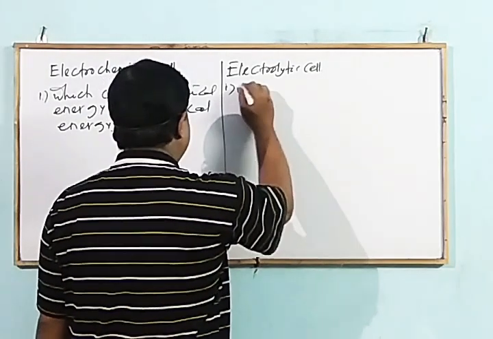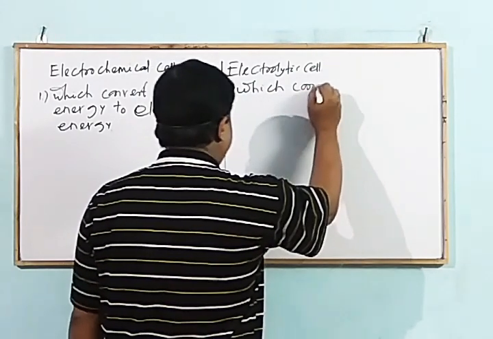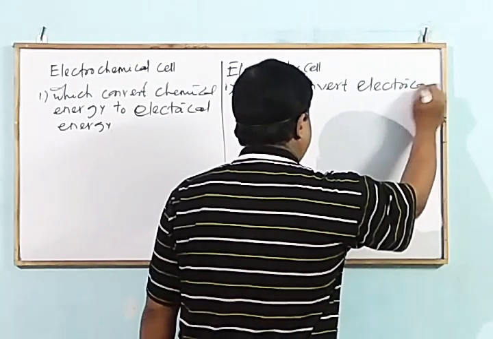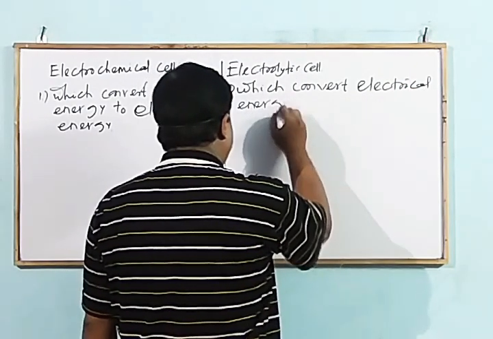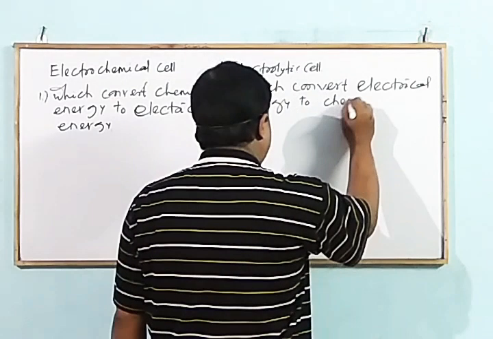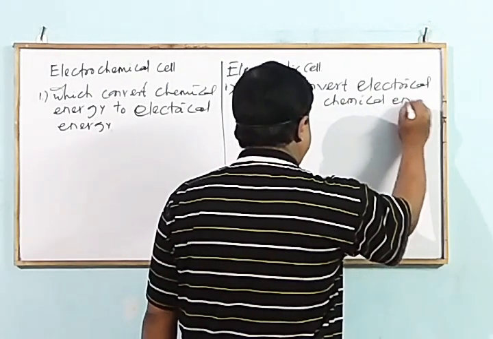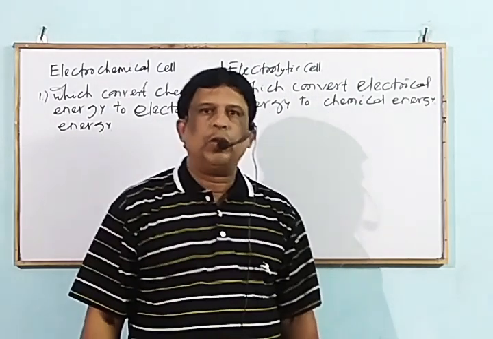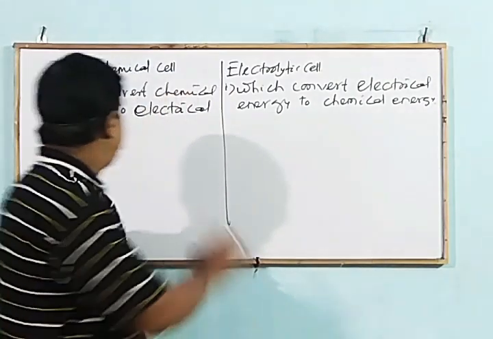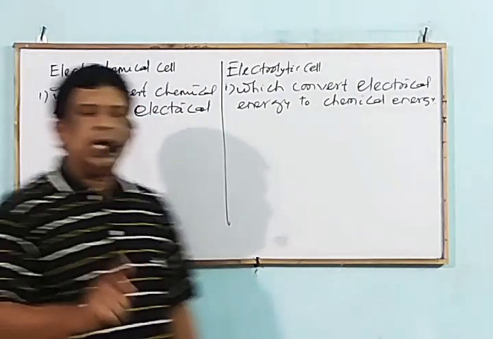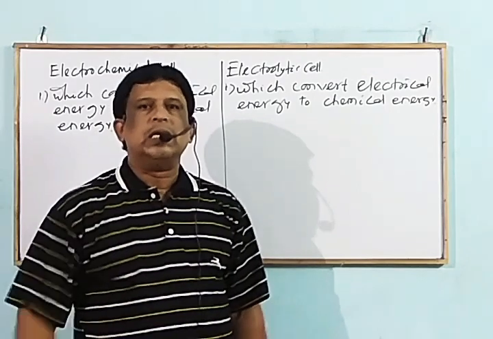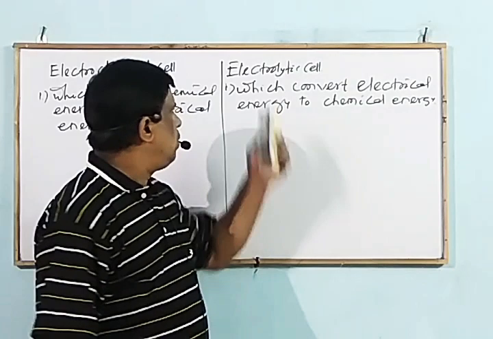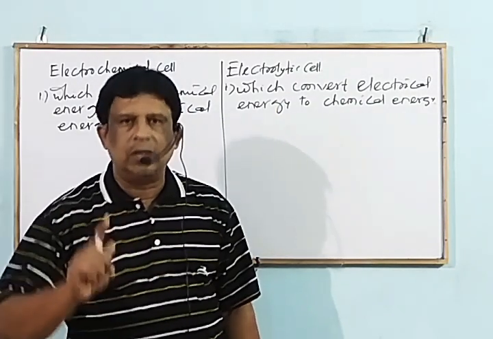It is a device which converts electrical energy to chemical energy. Point 1 is definition. Point 2, in case of electrochemical cell, the cell reaction is spontaneous, the cell reaction is continuous, while in case of electrolytic cell the reaction is non-spontaneous.